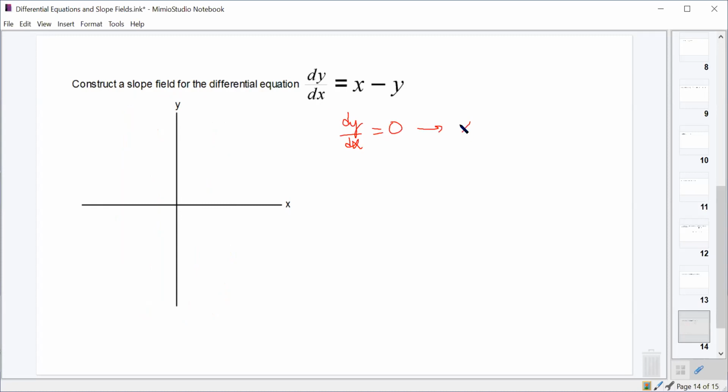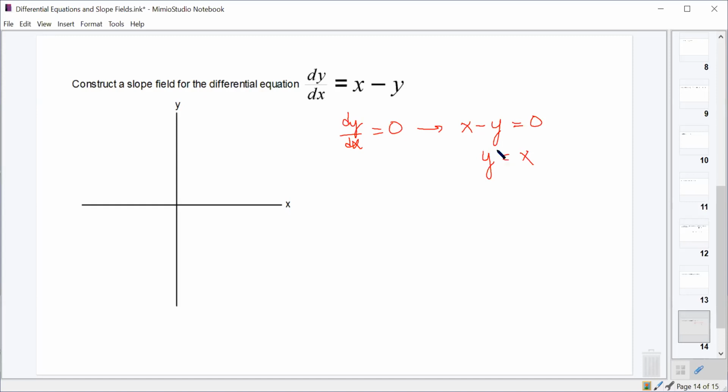And so if we let our derivative equal 0, that tells us that x minus y equals 0, which can be solved to tell us what? Y equals x. X, exactly.